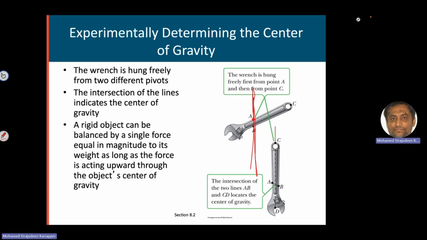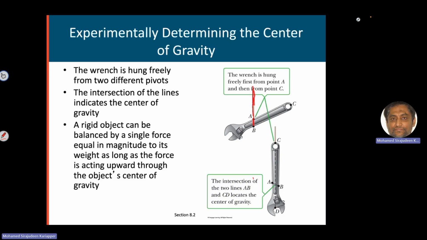If it is not on the line, gravity will apply a torque and eventually it will align in such a way. So when it is balanced, the center of gravity must be on this red line. We know for sure because of the balancing. So you take a red pen and draw this line AB. We know the center of gravity must be on the red line after it is balanced. All right.